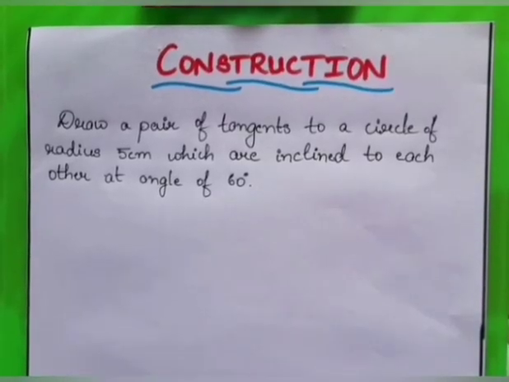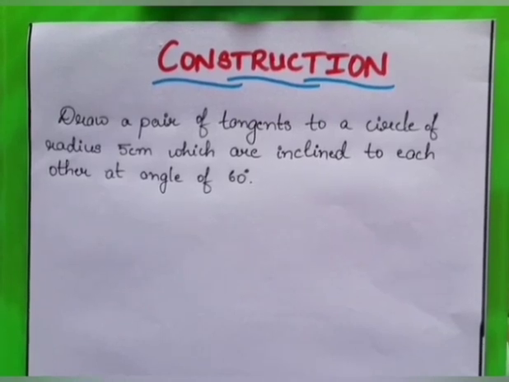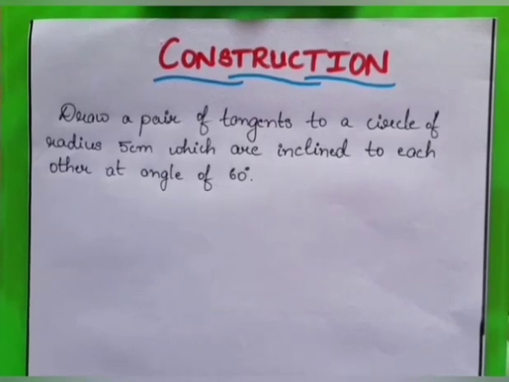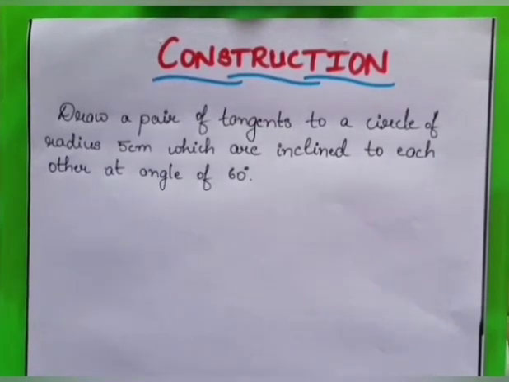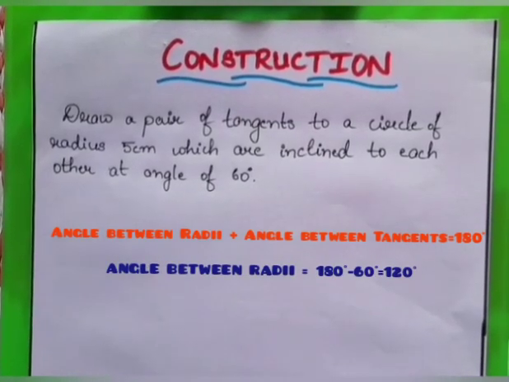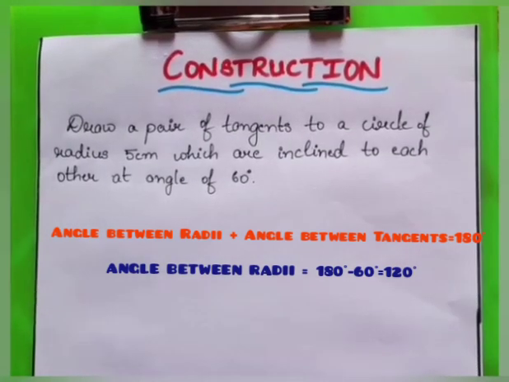Construction: Draw a pair of tangents to the circle of radius 5 cm which are inclined to each other at the angle of 60 degrees. As per the question, we need to draw tangents to the circle of angle 60 degrees.